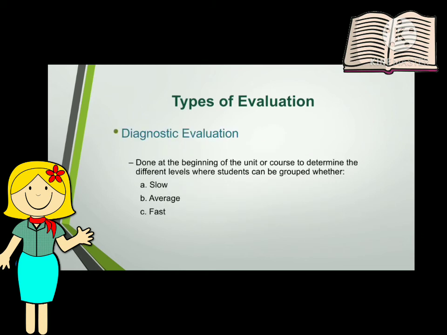First is diagnostic evaluation. It is done at the beginning of the unit or course to determine the different levels where students can be grouped, whether slow, average, or fast.